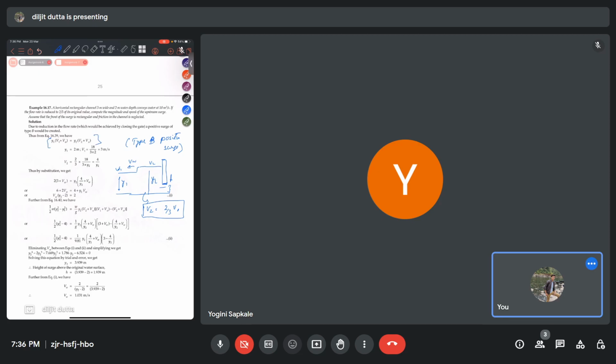The continuity equation is this: y1 into (v1 plus Vw) equals y2 into (v2 plus Vw). So we know y1, it is 2 meter, it is given, and v1 is 18 by, this is Q by area, so Q by 3 into 2, it is 3 meter per second. Now v2 is given as 2/3 of v1, 2 by 3 into 18 by 3 into y2.